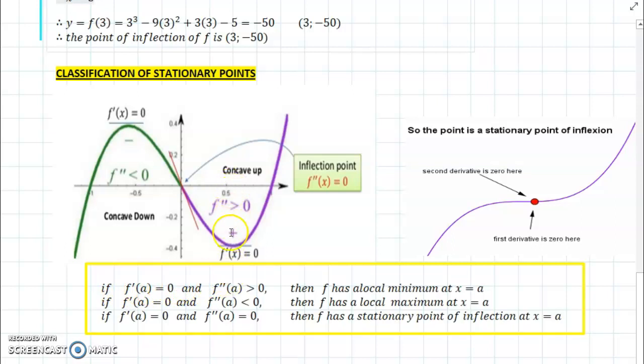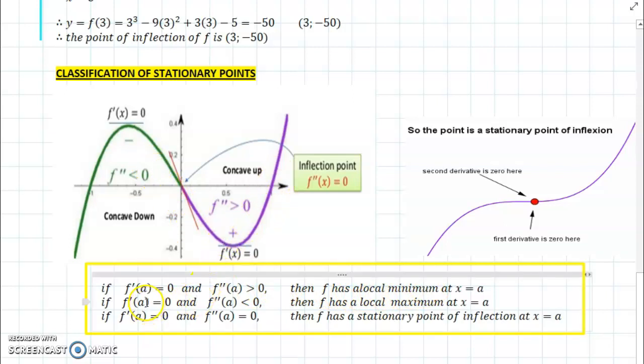Then I found my stationary point here, and I'm now looking at the value of the second derivative. If the second derivative at that x value equal to a is positive, remember, then it's concave up, which means there's a local minimum. So concave up, minimum.